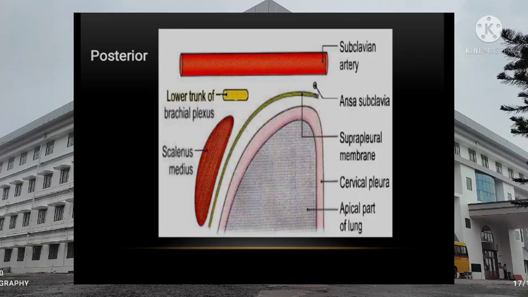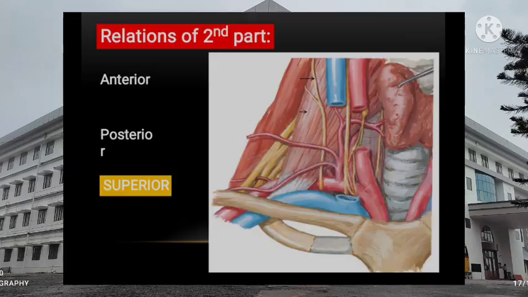Posteriorly, the second part is related with the suprapleural membrane, cervical pleura, and the apex of the lungs. Superiorly, it is related with the upper and middle trunks of the brachial plexus.